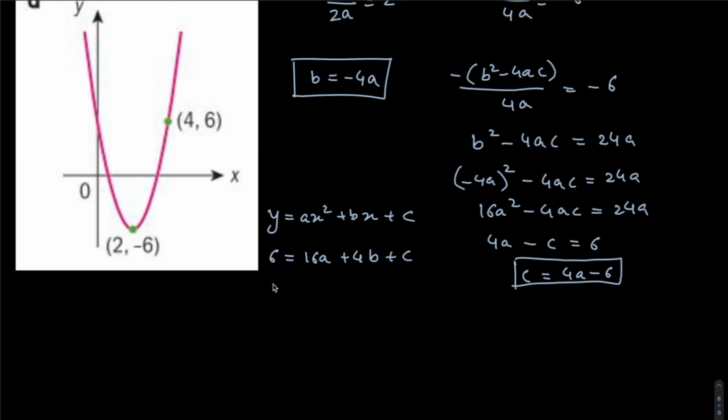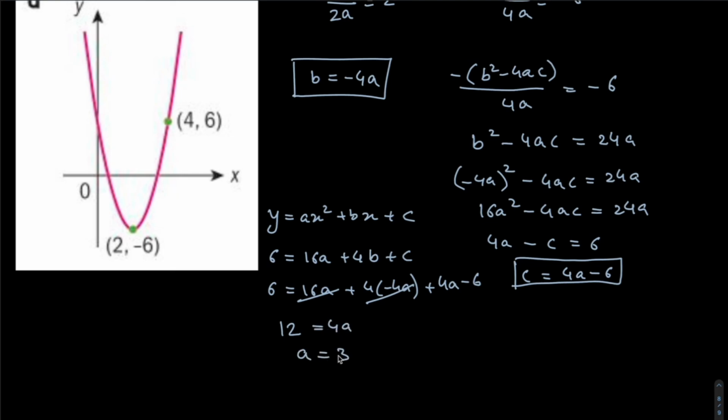So here, I'm going to have 6 is equal to 16a plus 4 times minus 4a plus c, which is going to be 4a minus 6, right? So 16a minus 16a will cancel. This and this will cancel. I'm going to be left with 12 is equal to 4a.